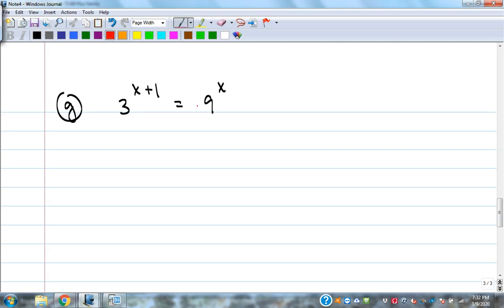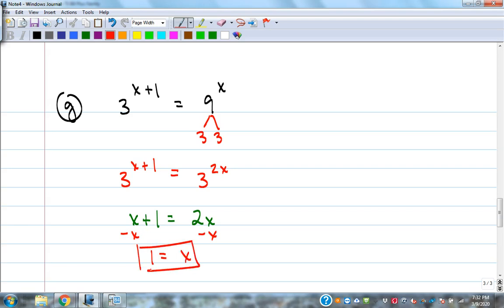But 9 can be broken down. It's 3 squared, right? So the 2 multiplies to that x that's there. Now, what's the equation that I set up? Yeah, it's real simple. Subtract x. X is equal to 1.